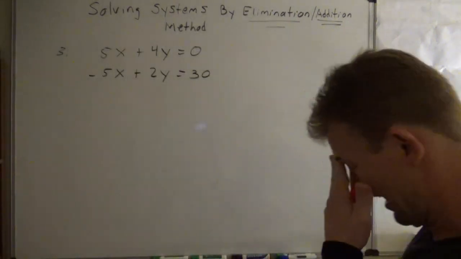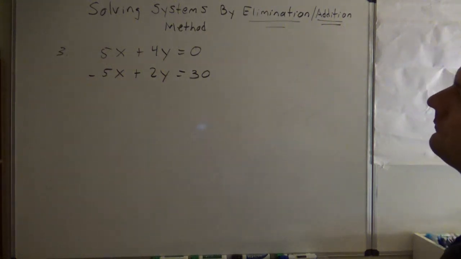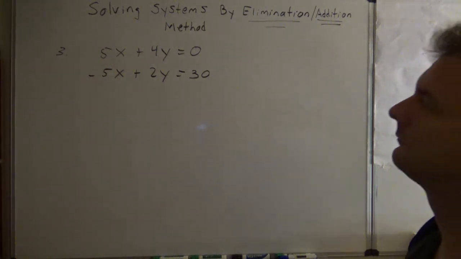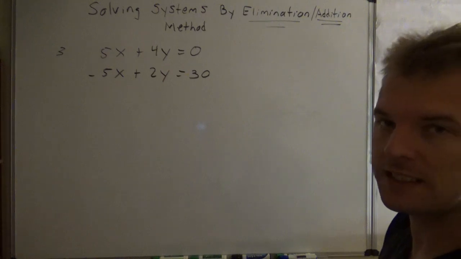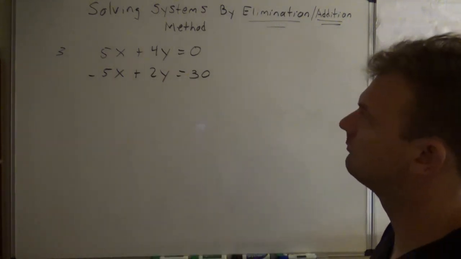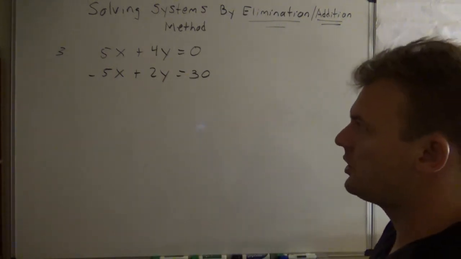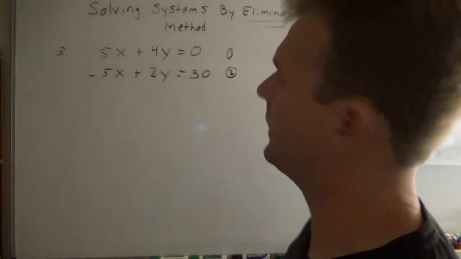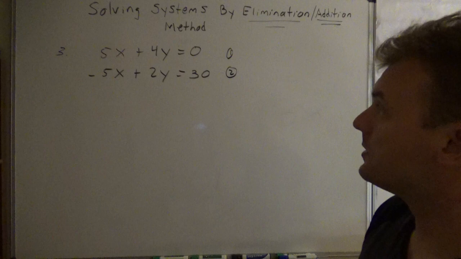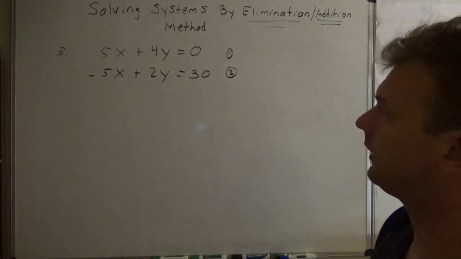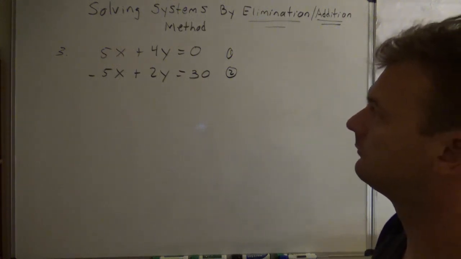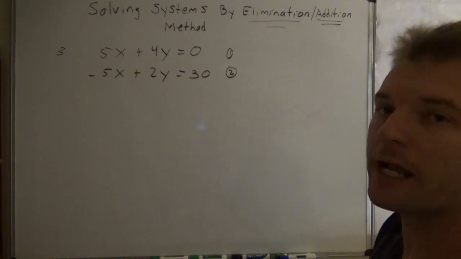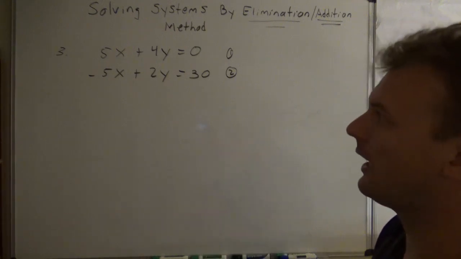Okay, if we try this one, remember our first thing is to pick a variable. I'm going to look at my 2 here. So this is number 1, this is number 2 equation. Number 1 and 2, I can eliminate x right now, because look what x has.